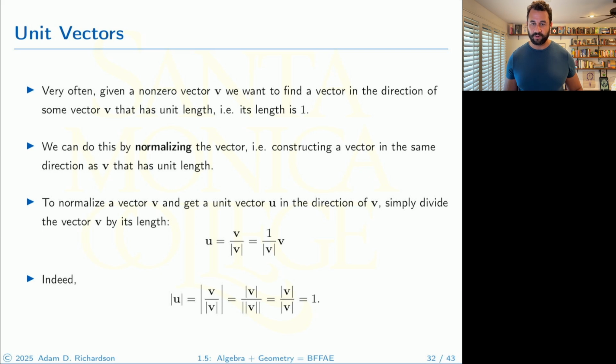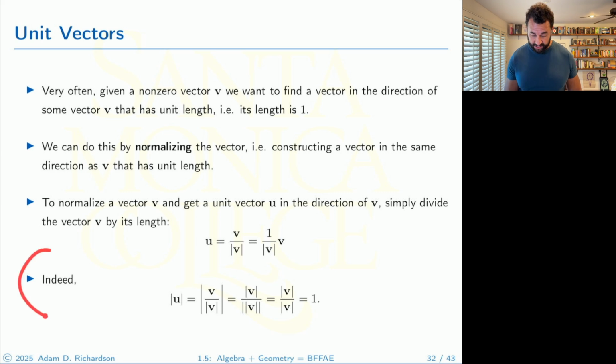It's actually pretty straightforward. So let's say we've got a vector v. What we're going to do is compute its length, its magnitude, and then we're going to do v divided by its length. So a unit vector in the direction of v is v divided by its length. Another way of writing it is this right here. Just v times 1 over its length.